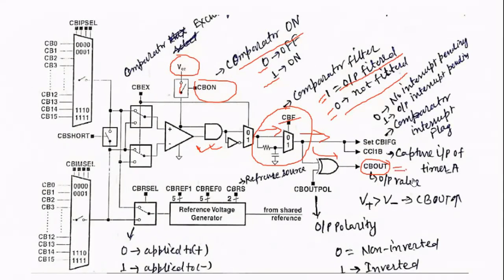If the comparator is off, it means that the CBOUT value is low when the CBOUTPOL bit is set to 0. This CBOUTPOL bit is called output polarity. It means that if it is 0, it is non-inverted output, and if it is 1, it means that it is inverted output.